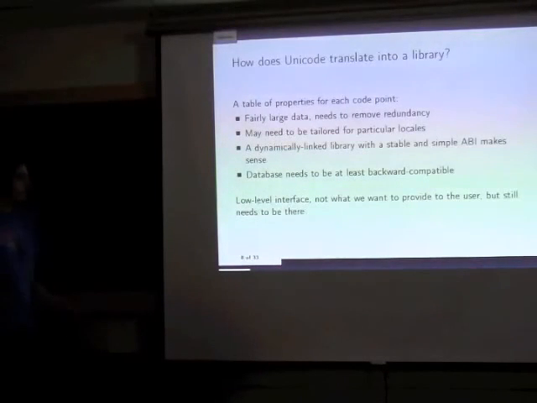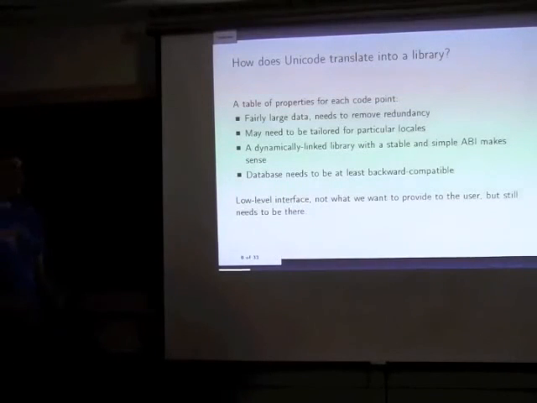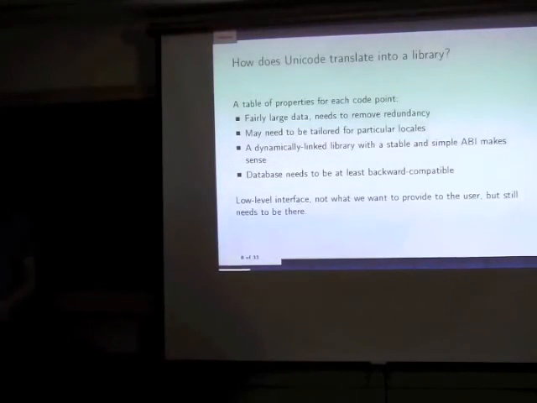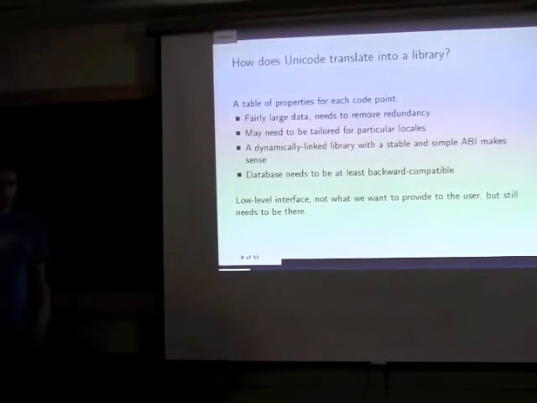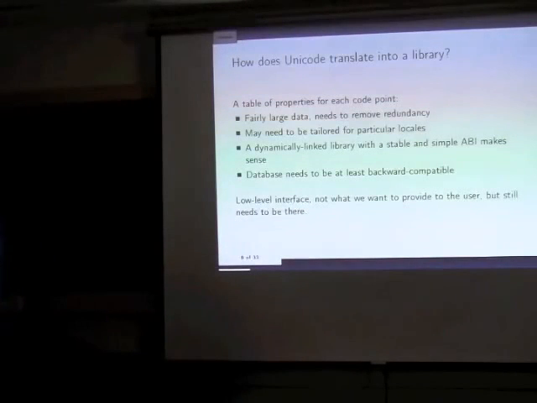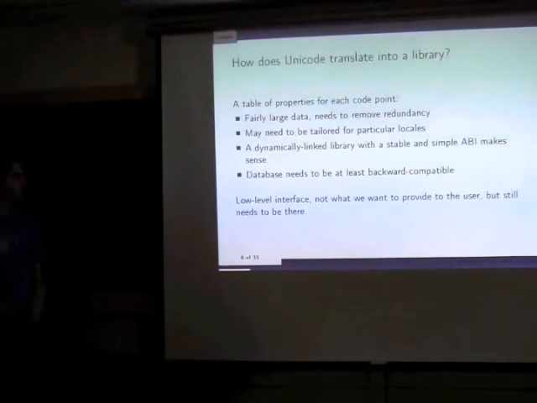So what do we need for Unicode as a library? First we need to set up the table that contains all the properties for each code point. This can be pretty large because you've got 1 million code points, and each has maybe 20 properties. And this data is different depending on locales, because some properties can be considered different depending on which language you're dealing with.